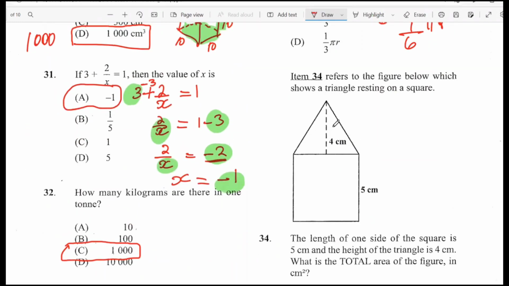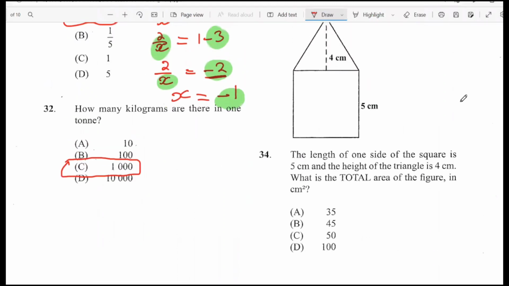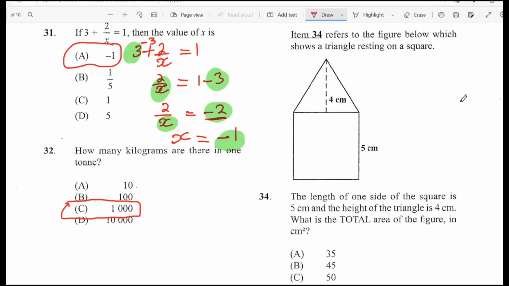Item 34 refers to the figure below, which shows a triangle resting on a square. The question says the length of one side of the square is 5 and the height of the triangle is 4.